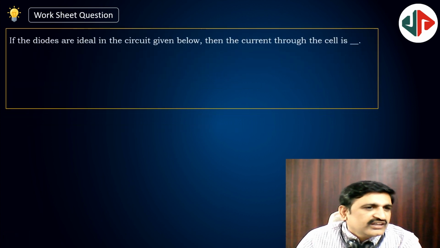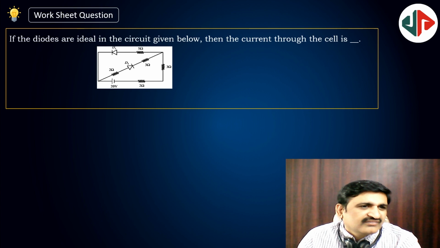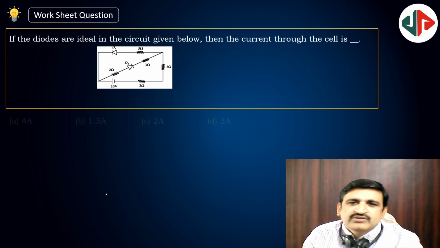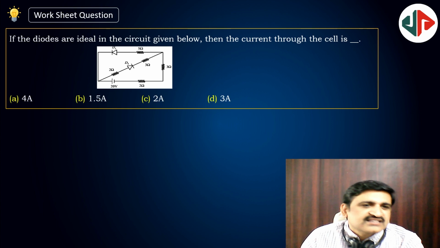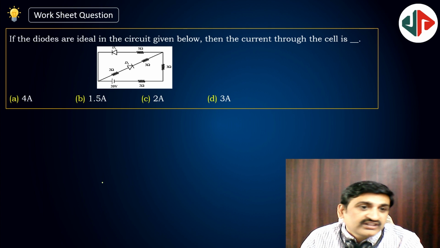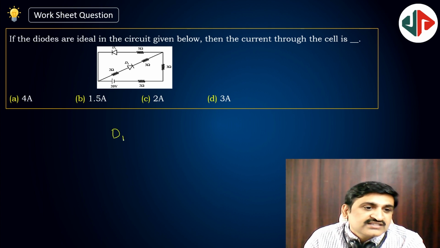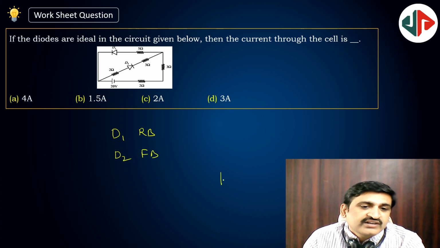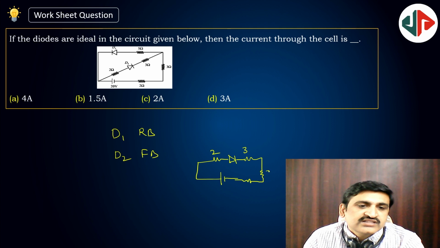Next, if the diodes are ideal, how much current is delivered by the cell in the circuit? D1 is non-conducting, D2 is conducting. Why? Because D1 is reverse biased, D2 is forward biased. So the circuit has a 2 ohm resistor, a 3 ohm resistor, a 3 ohm resistor, and a 2 ohm resistor, with D2.